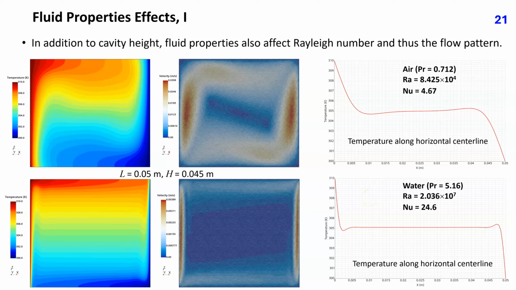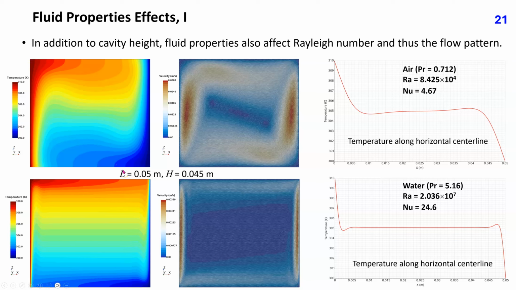In addition to cavity height, fluid properties also affect the Rayleigh number and thus the flow pattern. These three plots show temperature contours, flow pattern, and temperature profile along the horizontal center line from a 2D simulation of natural convection in a cavity 50 mm wide and 45 mm high and filled with air, with the left wall being hot at 310 Kelvin and the right wall being cold at 300 Kelvin, and the other two walls being adiabatic.